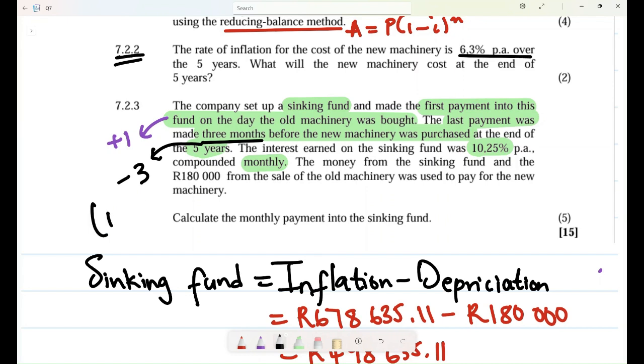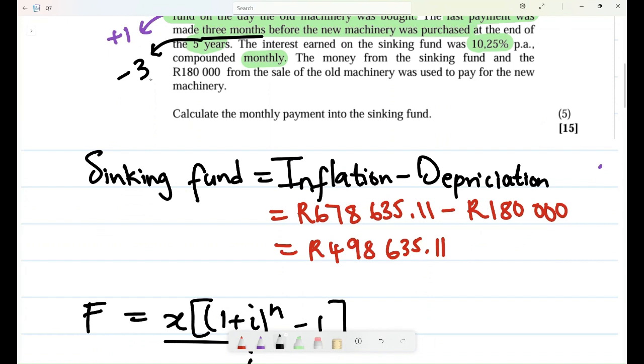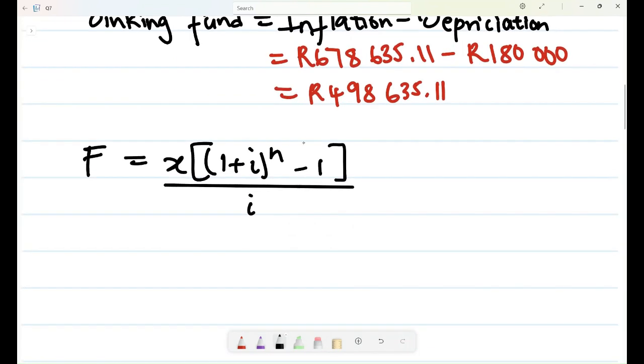You're going to say 1 plus i to the power of whatever this amount is here. Every time the company has finished paying for that particular amount earlier, you have to add that extra factor, which is like this.